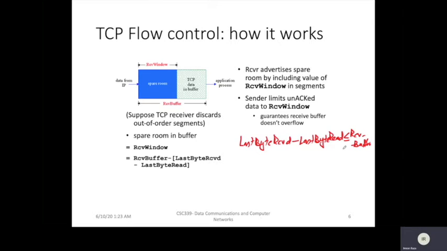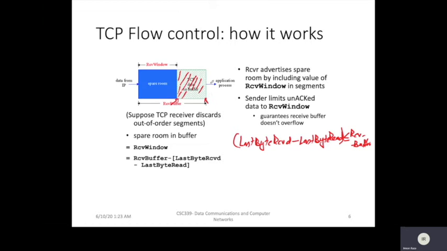Okay, so why? Because the last byte read and the last byte received are basically indicating the TCP data in the receiver's buffer, right? This is the last byte read, and this is the last byte received.